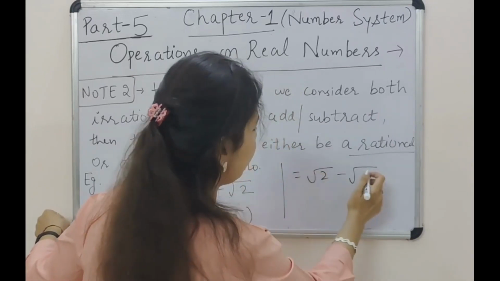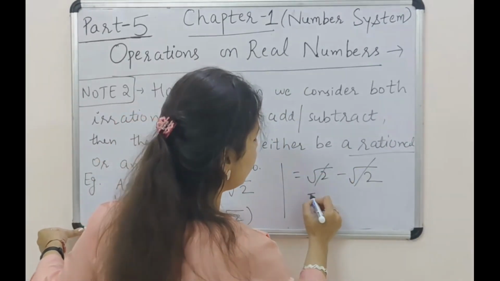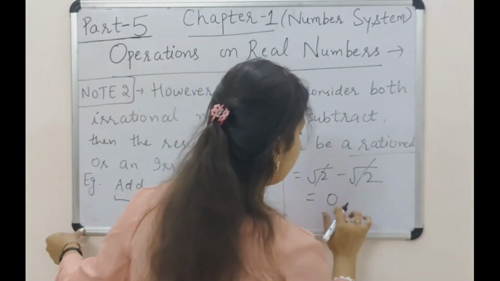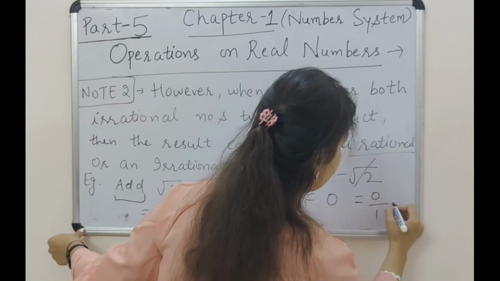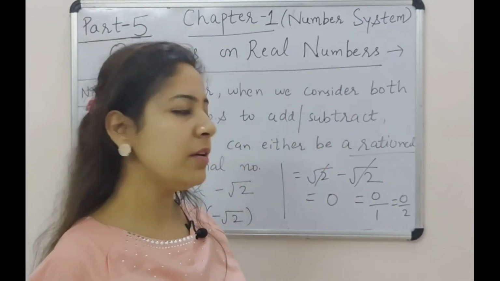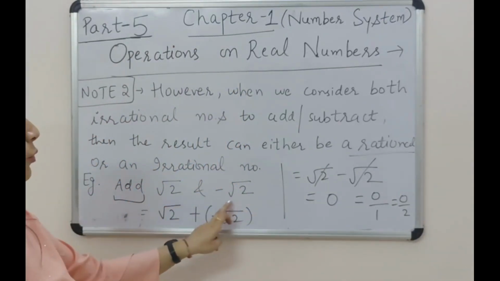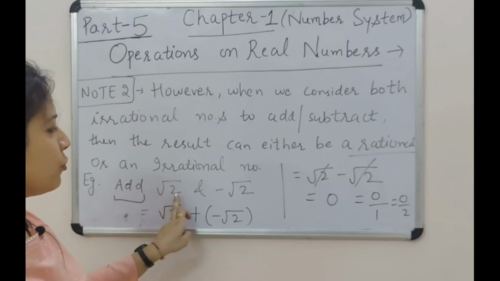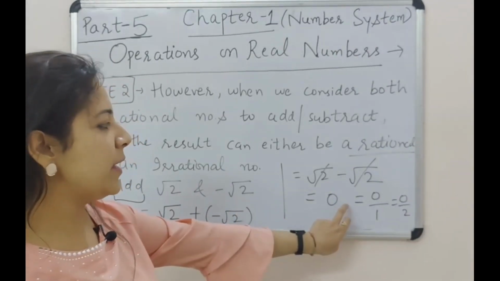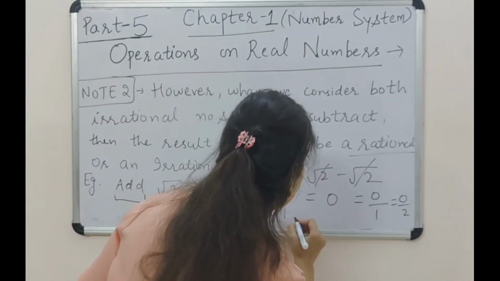And whenever we have the same magnitude with opposite signs, we can cancel them. So your output here is 0, and we know very well that 0 can be written like this or with any other non-zero value in the denominator, which means 0 is a rational number. So clearly, when you have added these two irrationals, since root 2 and minus root 2 both are irrationals, my resultant, my output here, is a rational number.